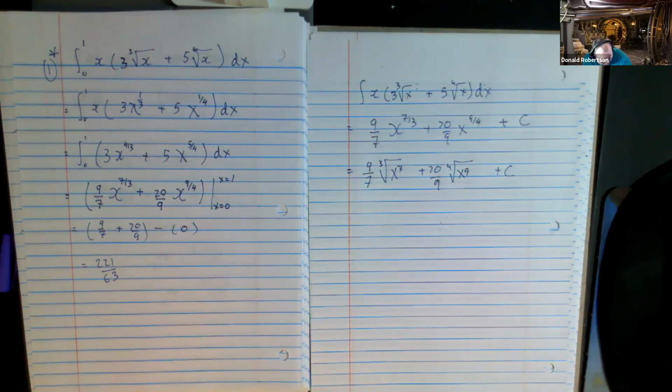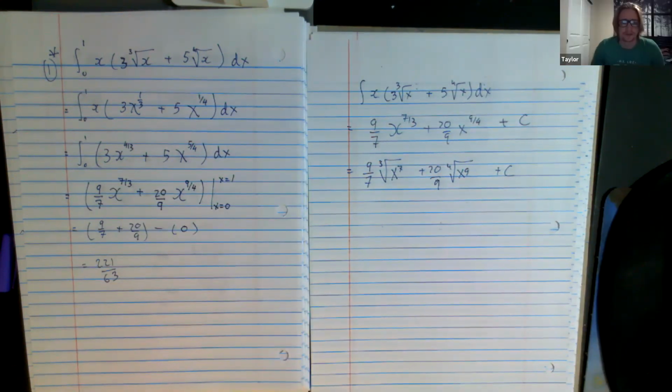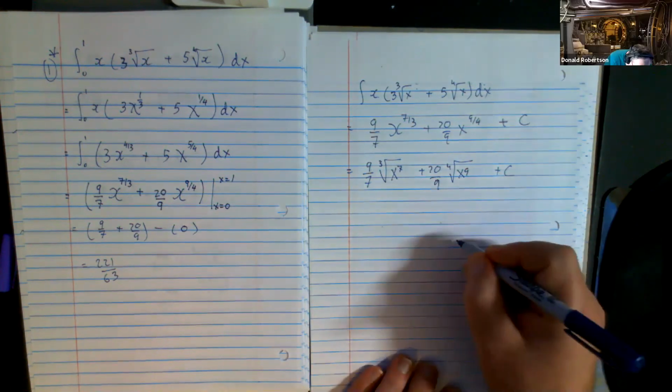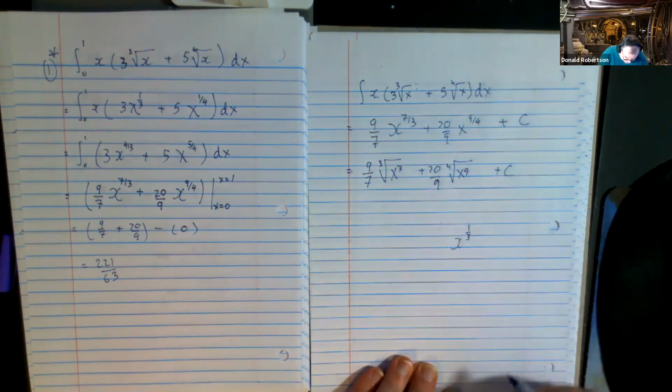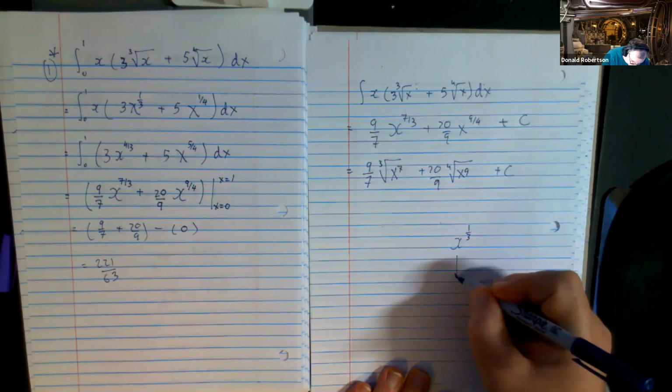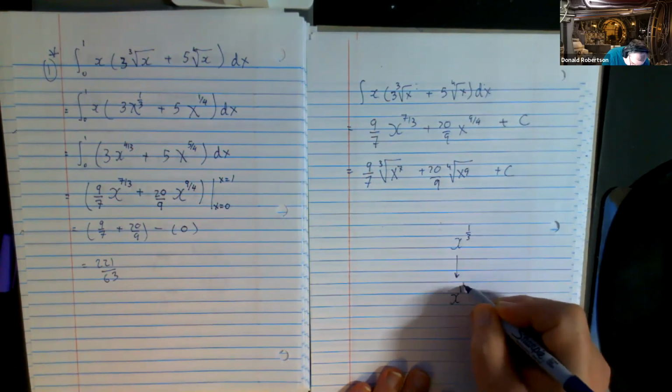Any questions about this pair of questions? Yeah, I just have one question real quick. So when you change the root 3 to x to the 1/3, where did the 4/3 come from? Oh, so we've got 1/3, right? I do the power rule, so you add 1 to the power.